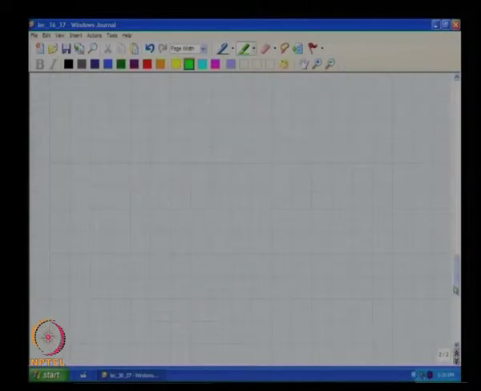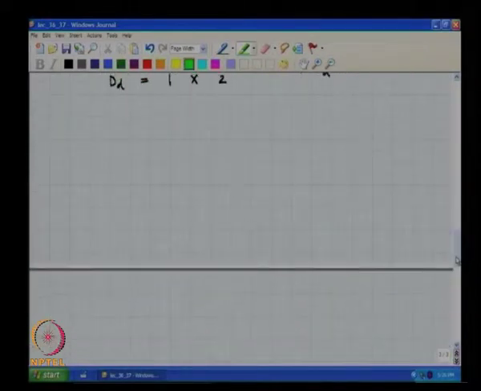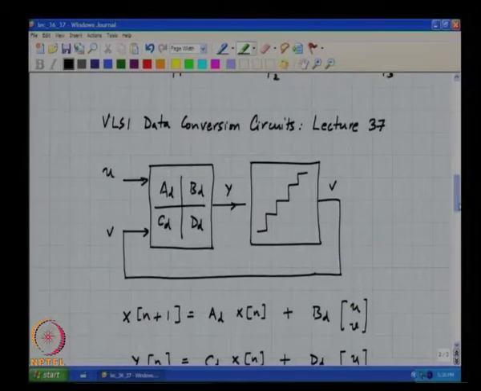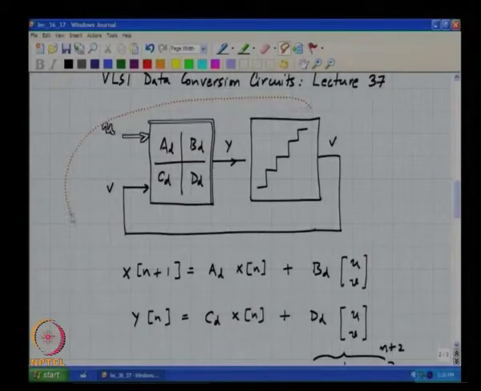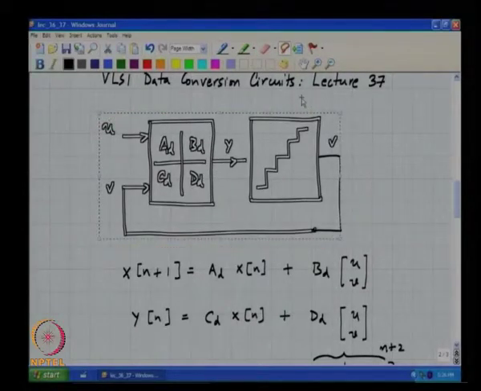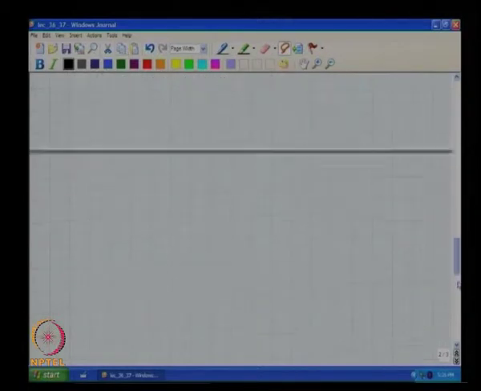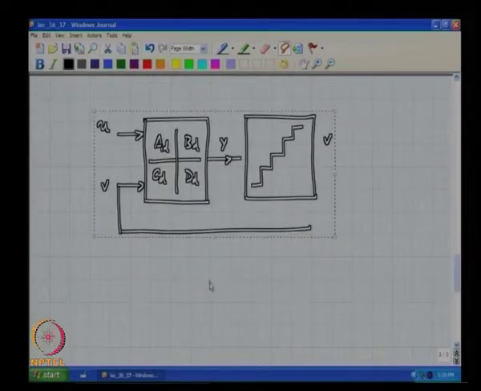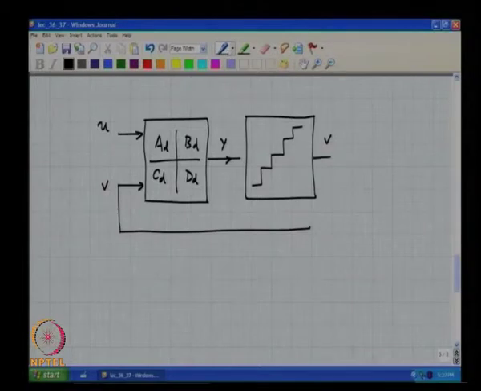The situation is actually quite similar in the sense that, okay. This is a function of time and this is sample.